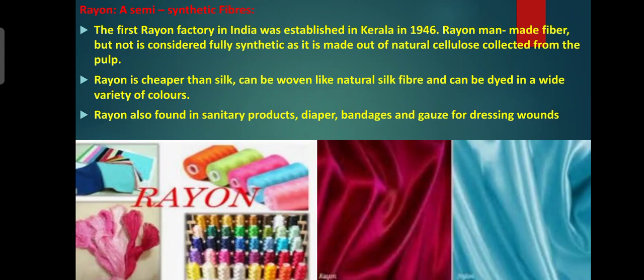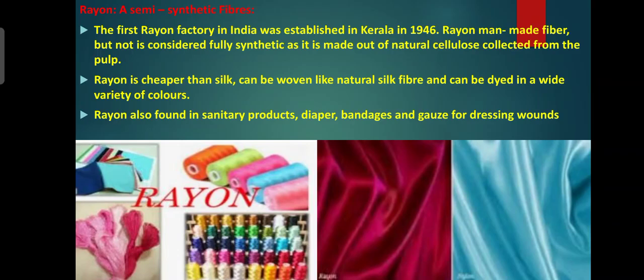Now move on. Rayon, a semi-synthetic fiber. In the 19th century, scientists were successful in producing the first artificial or man-made silk known as rayon. The first rayon factory in India was established in Kerala in the year 1946.